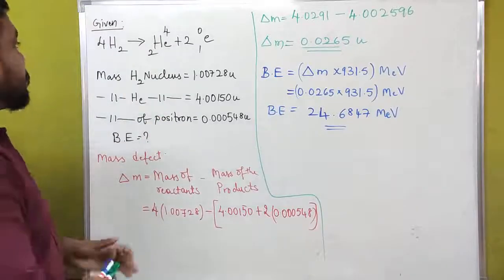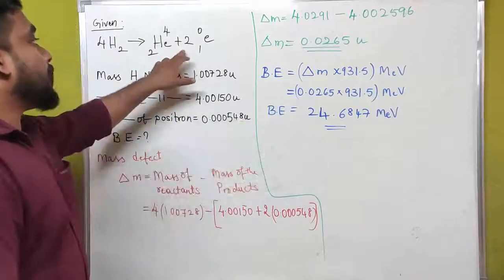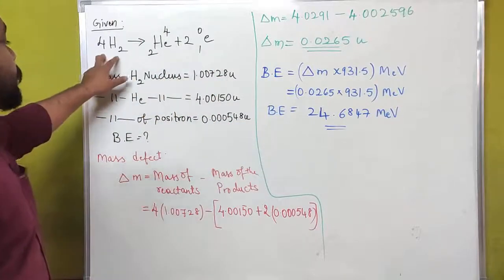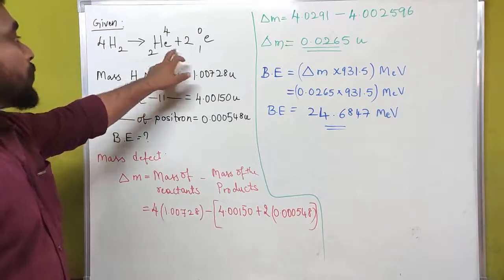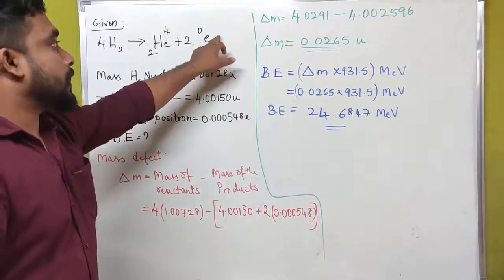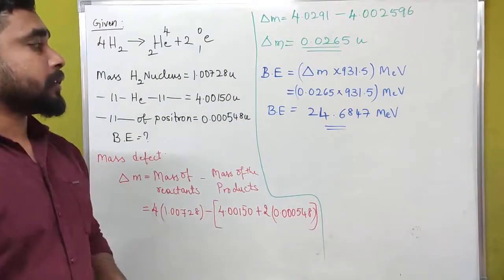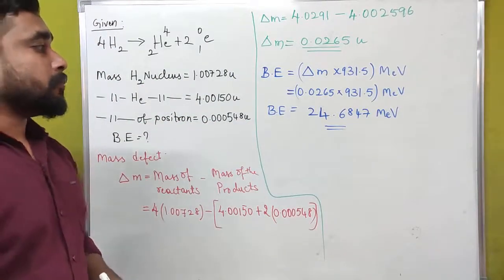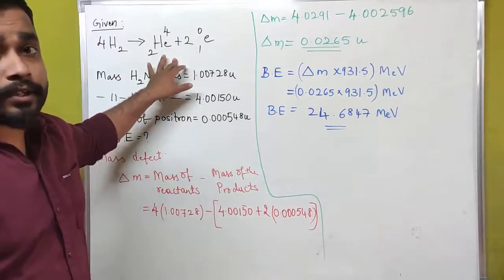For this particular equation, what is the energy released? What is the amount of energy released when 4 H2 atoms give rise to helium-24 along with the 2 positrons? The energy released is 24.6847 million electron volt. Actually, this is the expression for the nuclear fusion reaction.